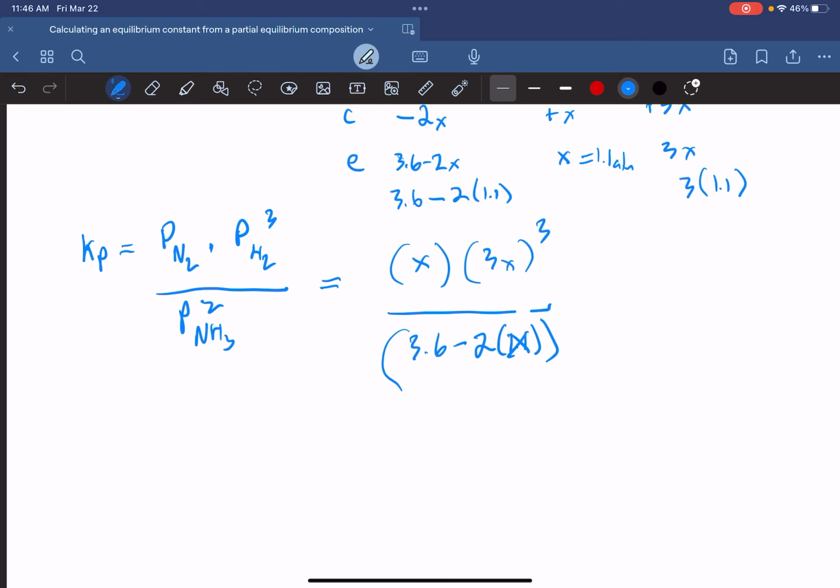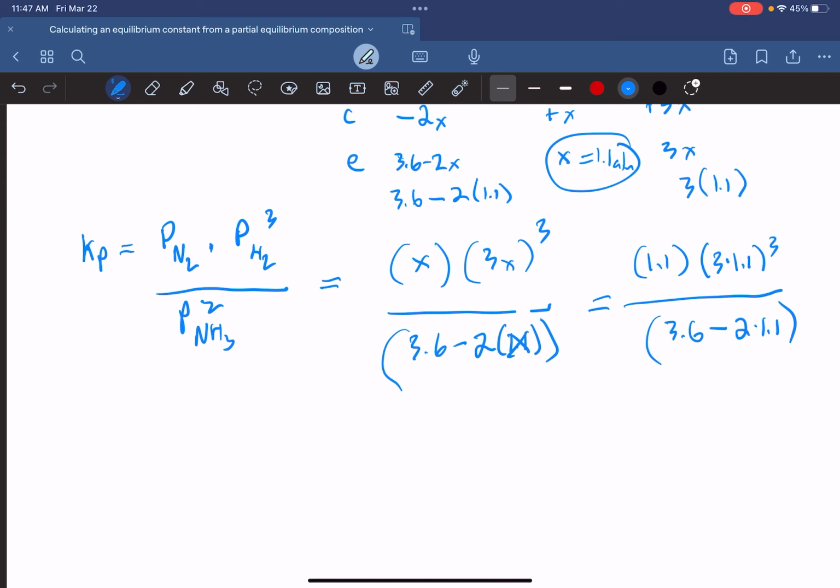Then all of our values we plug back in with 1.1 equal to x. So wouldn't that be 1.1, and then 3 times 1.1 all cubed, and all of that over 3.6 minus 2 times 1.1 on the bottom, and this whole thing would be squared. I forgot to put the square here.